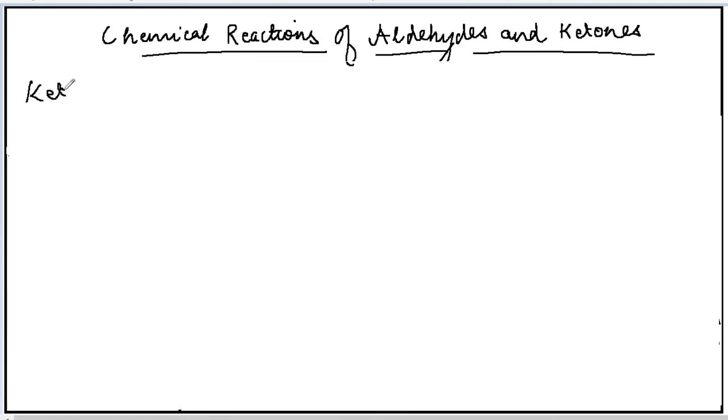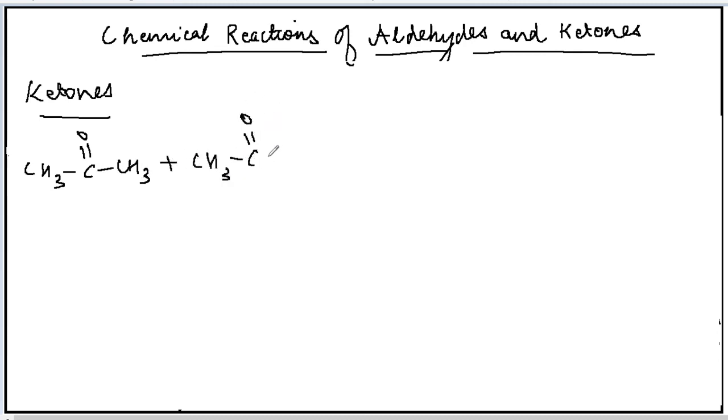Although the reaction is taking place in ketones, it will still be called aldol condensation only. So let's take the ketones. They have alpha hydrogen, and the reaction takes place in the presence of dilute sodium hydroxide.